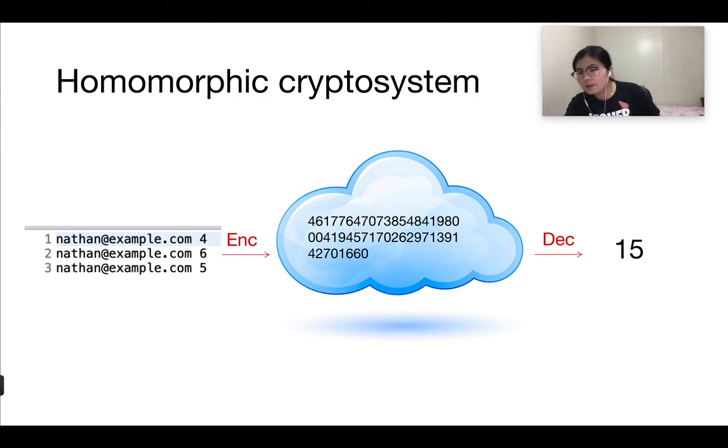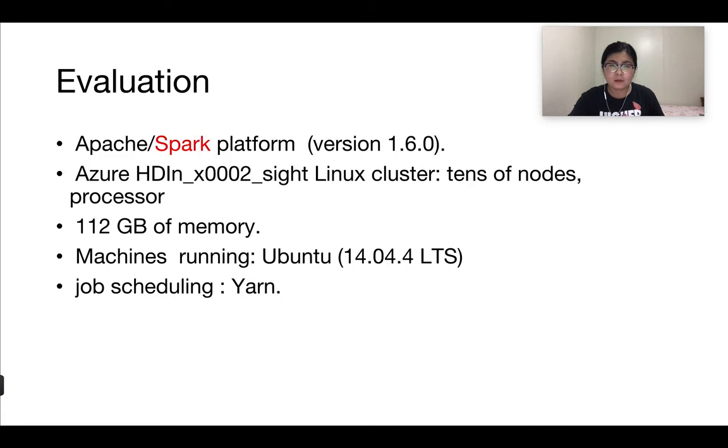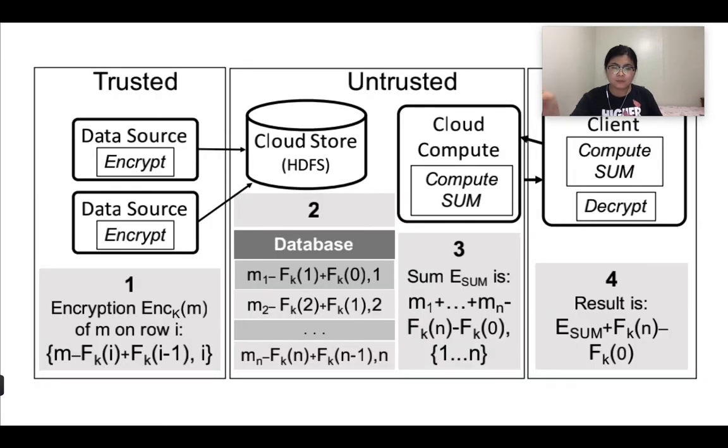Here we see the encryption process of ASHE in detail. The trusted side encrypts the sensitive value in each row using the value minus a hash function plus a hash function.